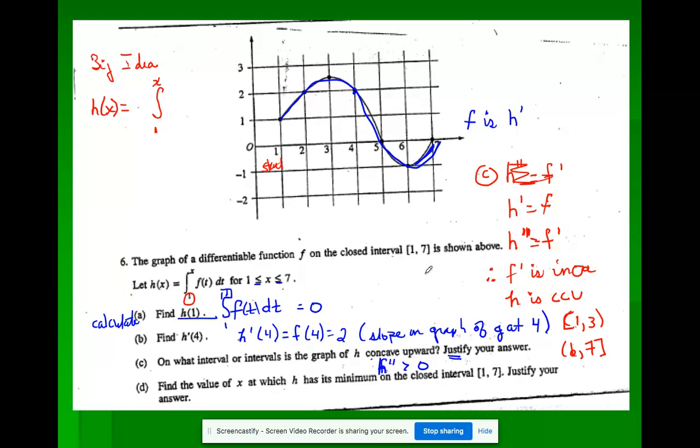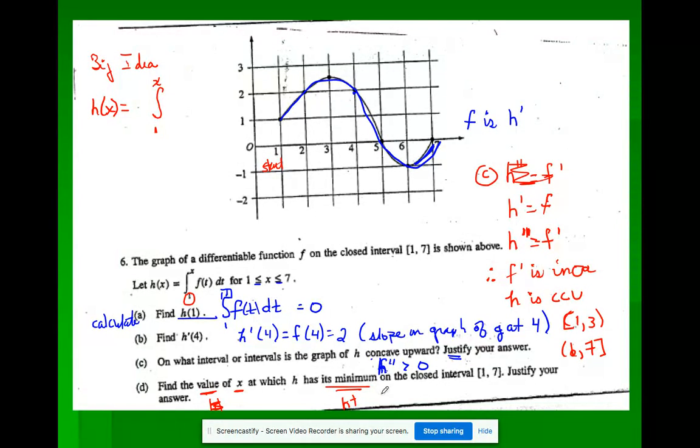Now look at D. Find the value of x, think height, value of x, where h has its minimum. That's the height on the closed interval 1 to 7. So its minimum means absolute minimum.